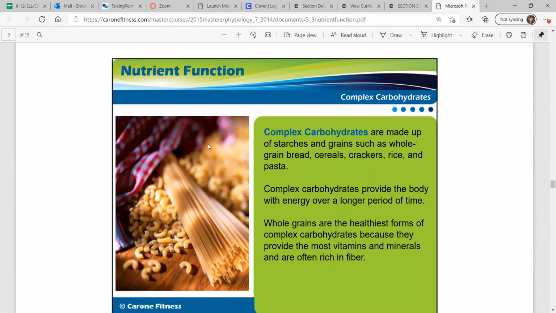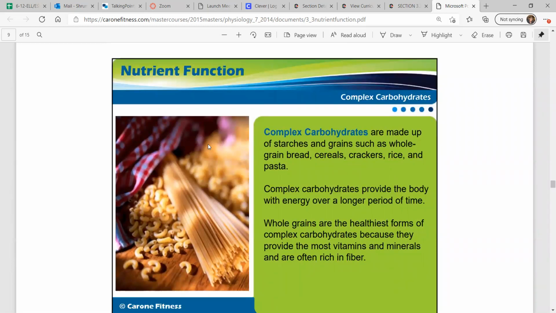Complex carbohydrates are made up of starches and grains such as whole grain bread, cereals, crackers, rice, and pasta. Complex carbohydrates provide the body with energy over a longer period of time. Whole grains are the healthiest forms of complex carbohydrates because they provide the most vitamins and minerals, and they are often rich in fiber.